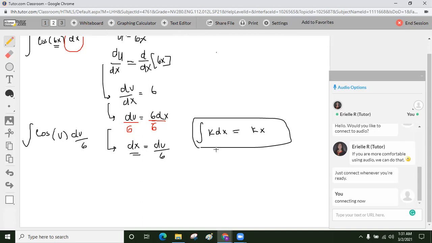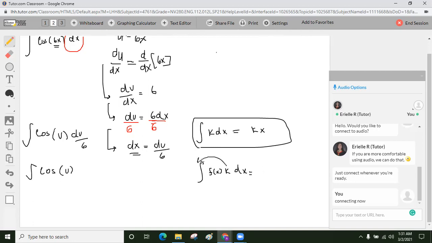That is correct. So what I meant to say was, what do we do if we are integrating a function and you have a coefficient? So 1/6 is basically a coefficient to your function.